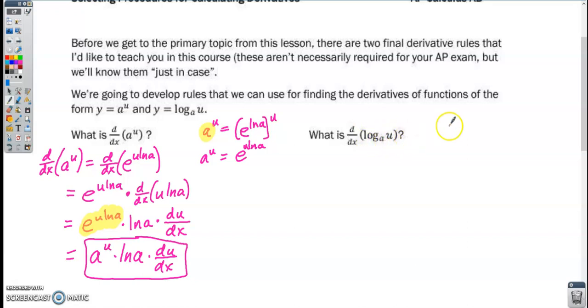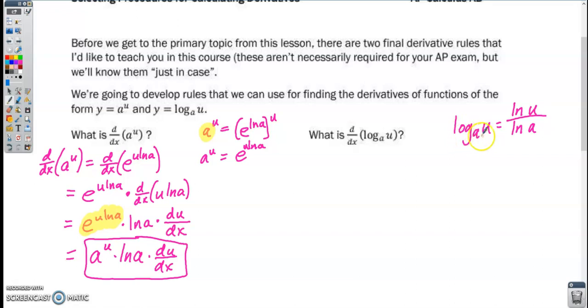And I'm going to change the base of this logarithm and use the natural logarithm, use e as the base. But anytime I have something like the base a logarithm of u, it can be written as some other base logarithm of the argument of the logarithm divided by that same base logarithm of the base of our original logarithm.